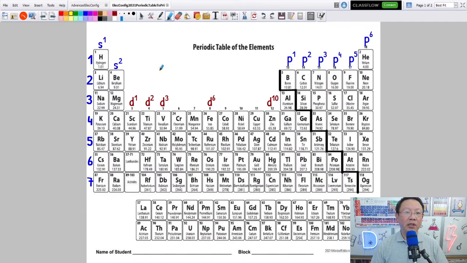So first let's locate barium. Here it is. Barium is down here, and it is located in the 6th row in column S2.